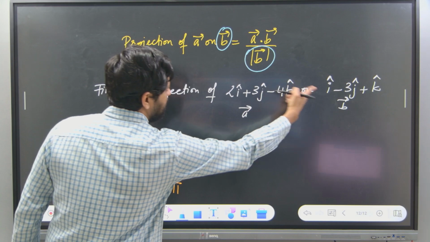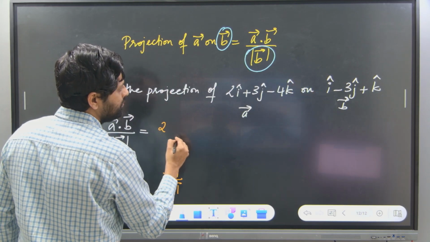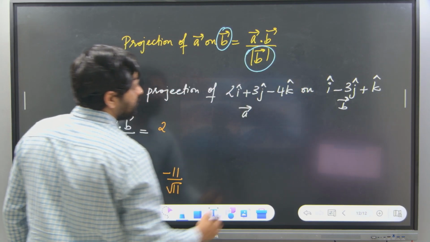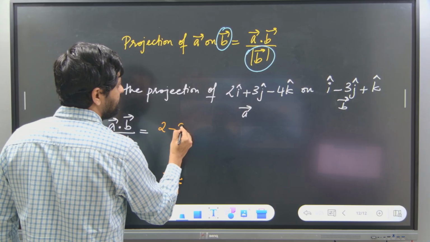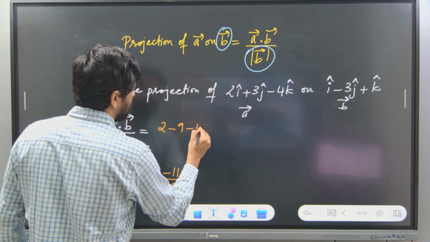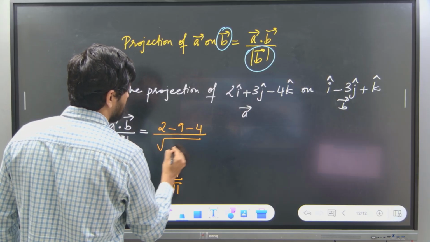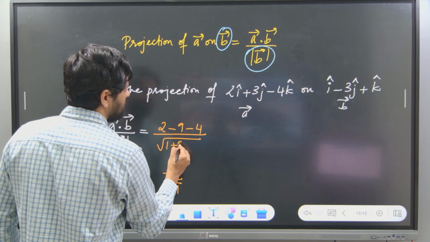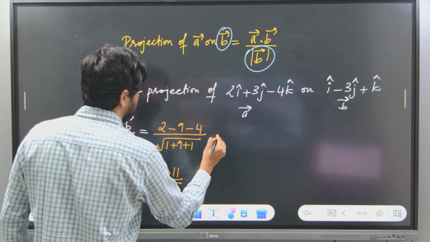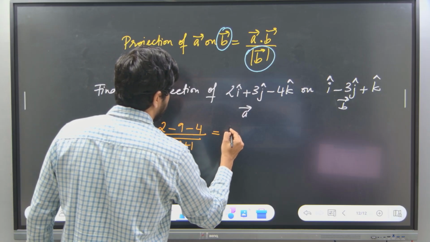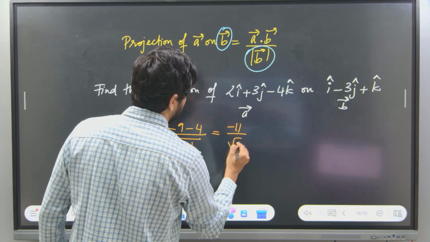Okay. Yeah, A dot B is 2 into 1 is 2, then 3 into minus 3 is minus 9, then minus 4, divided by the square root of 1 plus 9 plus 1. So it's going to be, as you told, 2 minus 13, which is minus 11 by root 11.